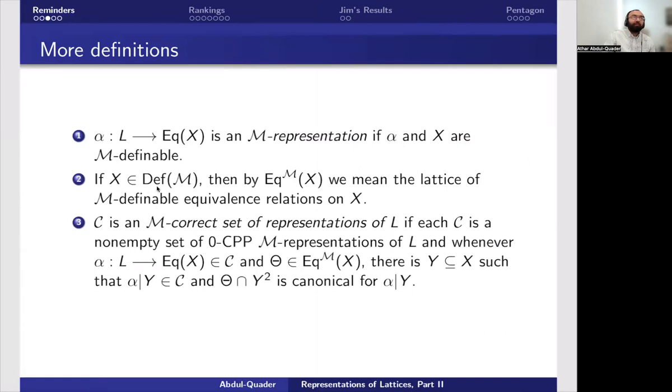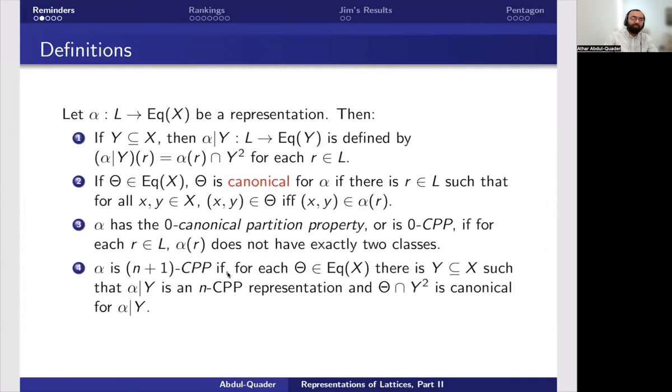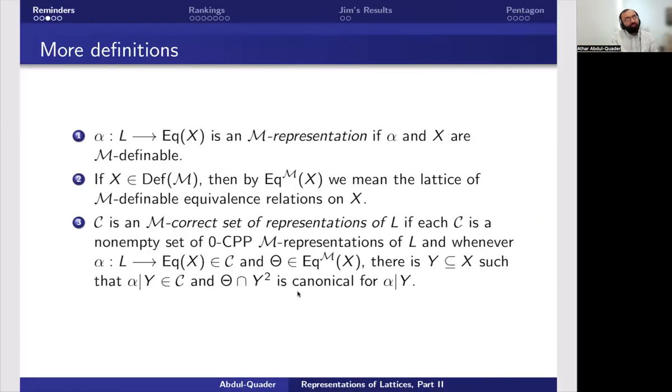For a definable set X, we can look at the lattice of M definable equivalence relations on X. I didn't say this here, but even this notion of CPP representation can be relativized into a model of PA. In other words, if L is a finite lattice, there's a formula CPP of L and X that says L has an X CPP representation. And so you can formalize that within PA.